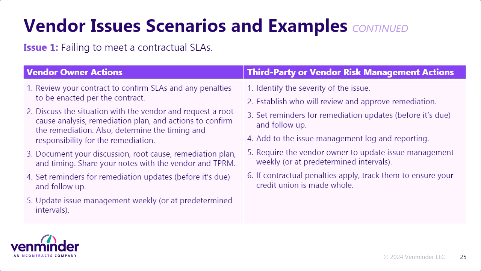They're going to discuss the situation with the vendor, talk about root cause analysis, remediation plans, timing, and getting down to resolution. They're going to document the discussion and all of what they learned from the vendor, definitely share that with the TPRM and the vendor, and set reminders for remediation updates and then update issue management weekly.